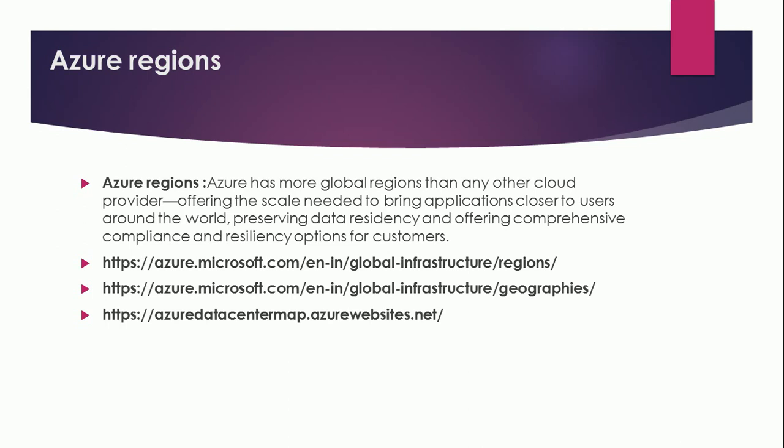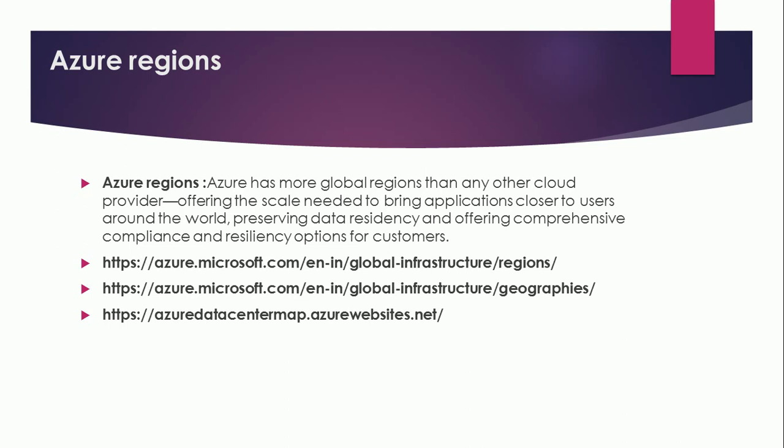There is a concept called Azure regions. Azure has global regions which provide the offering or scale needed to bring the application near to the users. Azure regions are a set of data centers placed in different locations. It's a logical boundary for multiple data centers.